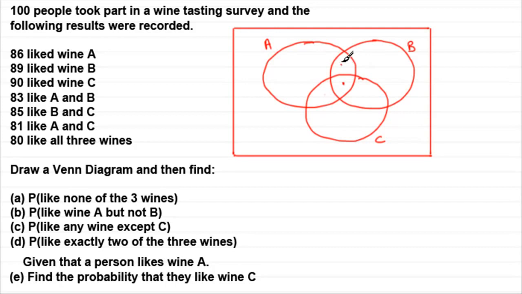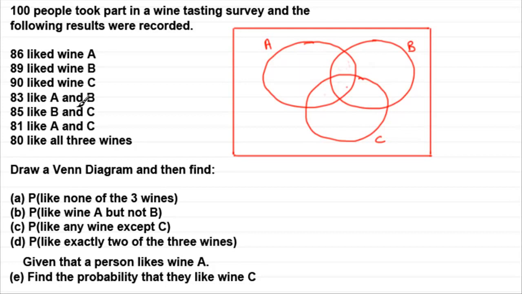We can't stick, say, 83 just in here, because that would be 83 just like A and B. Okay, if there was, say, a 2 in here, that would be 85 like A and B. So we've got a bit of a problem here. We can't fill anything in for the 83.